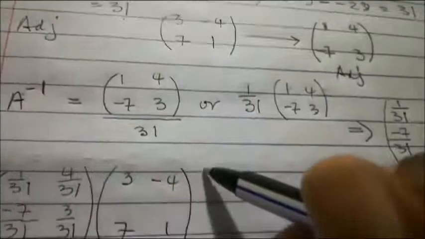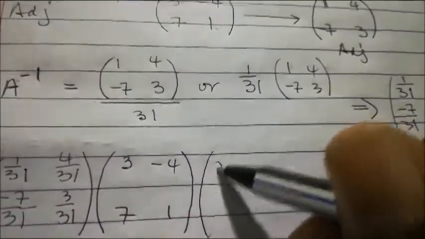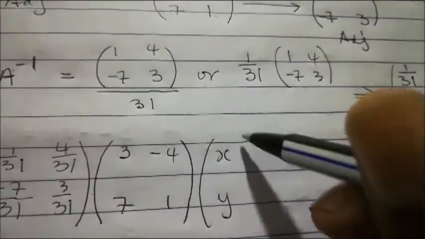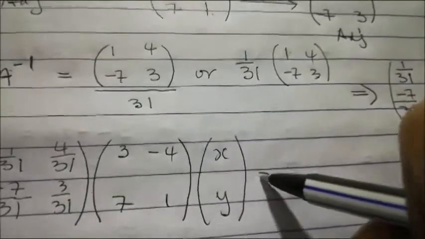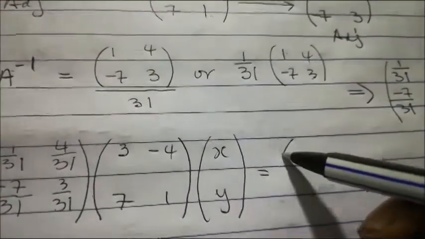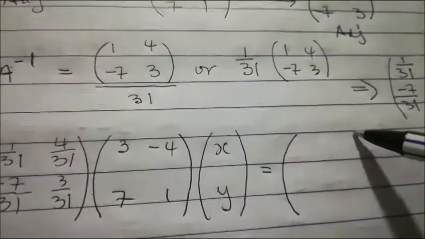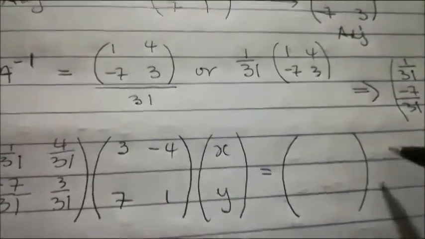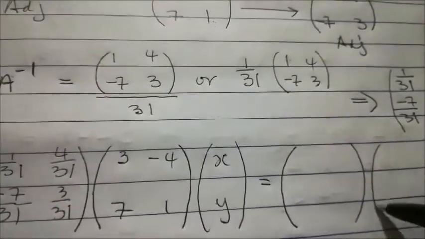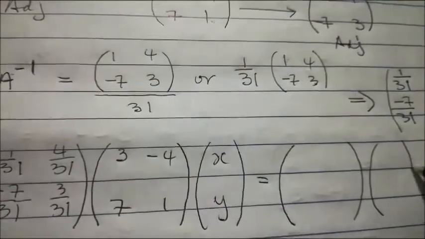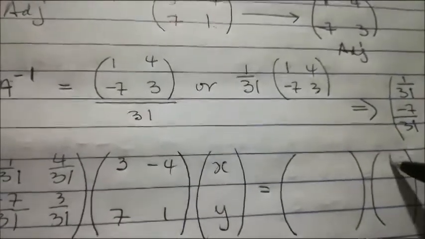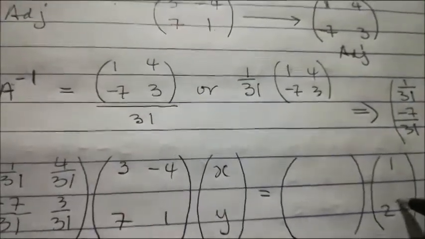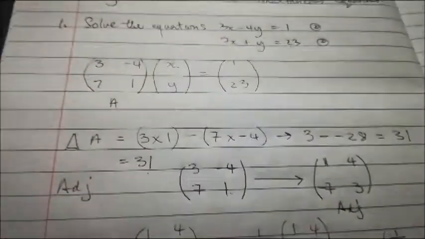We're still going to have our xy. We're going to bring down the equal sign. We're going to put the inverse right here again, because we're pre-multiplying on both sides, right? We're going to pre-multiply on both sides. So we're going to have our 1, and we're going to have our 23 down here, just the same, right?